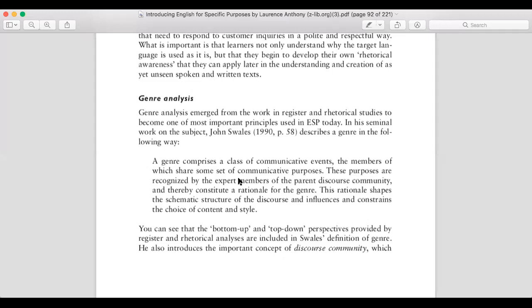So then there are genres for poetry also. There are ballads and there are sonnets. So all of these are different genres of poetry. But genre, as far as English for specific purposes is concerned, is a little different.